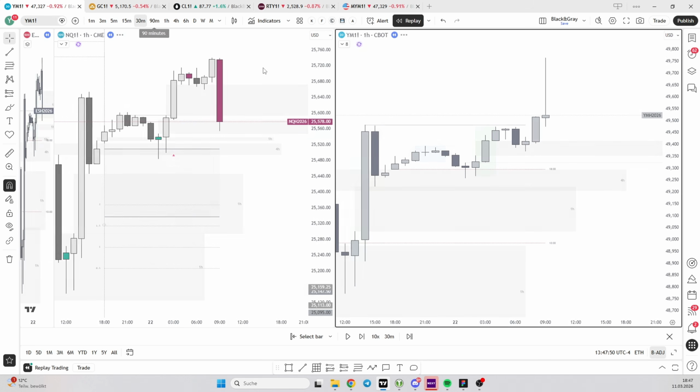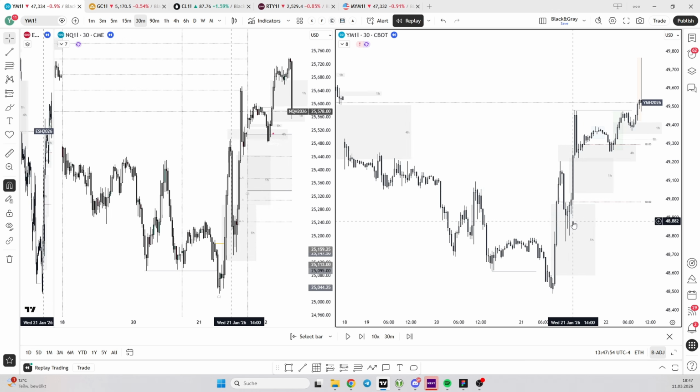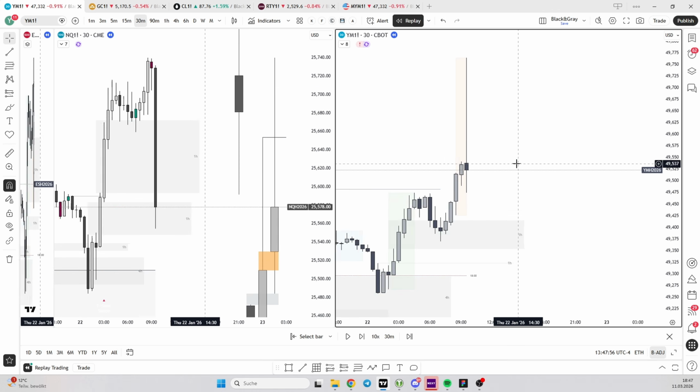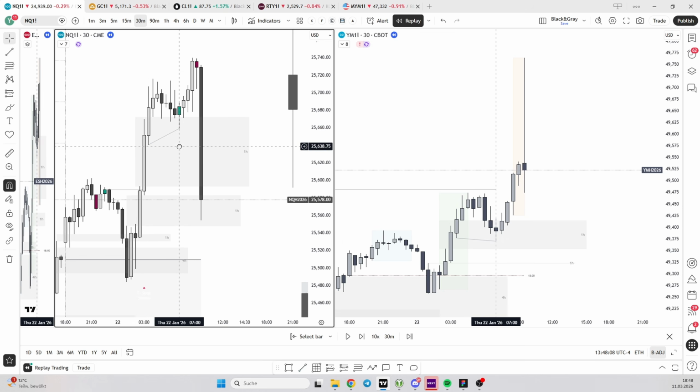I drop down to the 30 minute. And we created a 2-stage PSP here with NQ. YM tapped into this 30 minute fair value gap, NQ didn't. YM created a bearish 30 minute candle and NQ a bullish one.